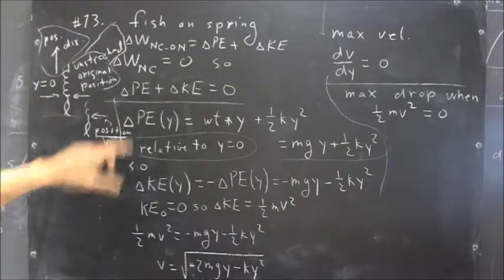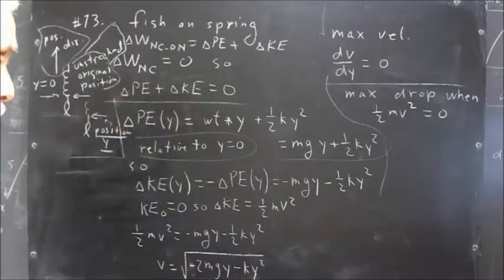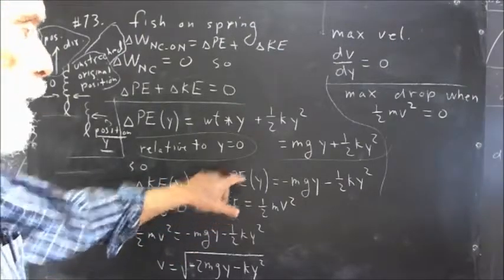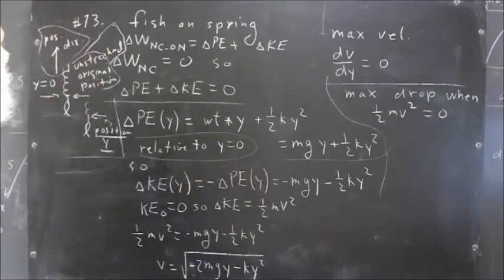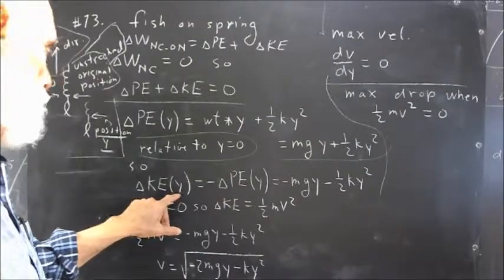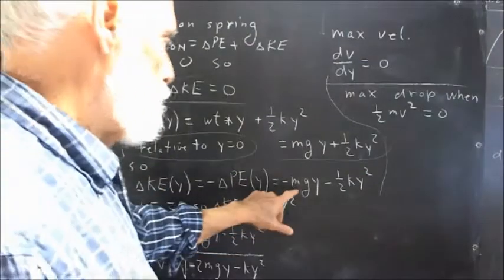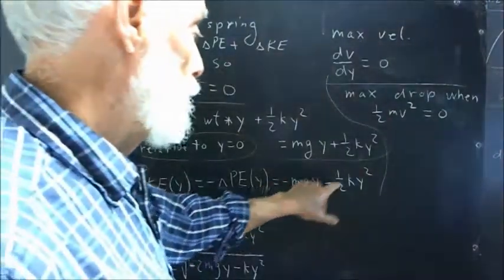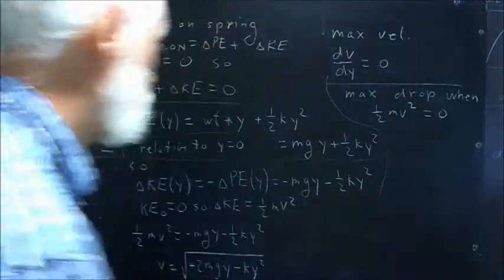So delta KE and delta PE are equal but opposite in sign. Expressing delta KE and delta PE as functions of y, delta KE at position y will be equal to the negative of delta PE, which is negative mgy minus 1/2 ky squared.